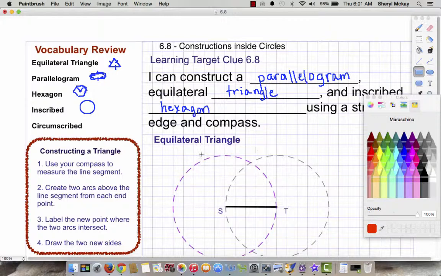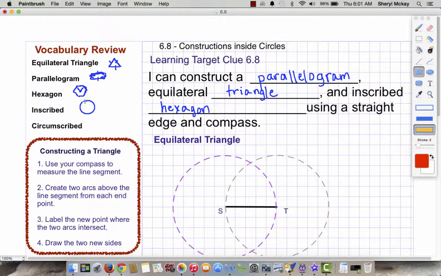I'm going to inscribe a square. Actually, it's a rectangle. And what that means is that every point of my polygon, of my rectangle, touches the edge of my circle. All right? Every point touches the circle. So I say that the rectangle is inscribed inside the circle.